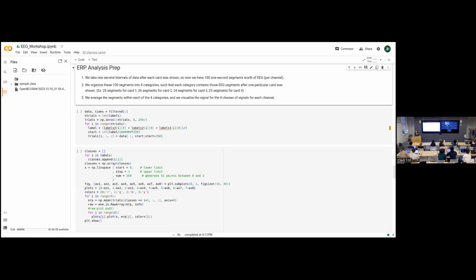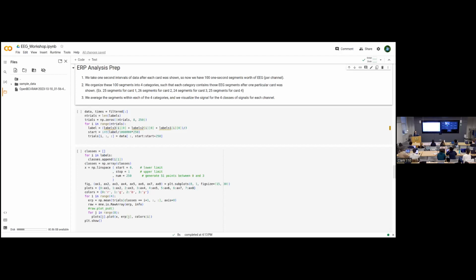After the timestamp of each card being shown, we're going to segment 1 second worth of data points. Since we have a sampling rate of 250, that converts to 250 elements from the array after that particular time. And with that, we're going to get 100 segments of these 8 channels of reactions after each card.